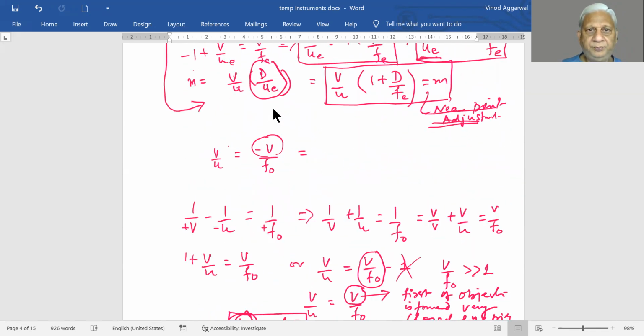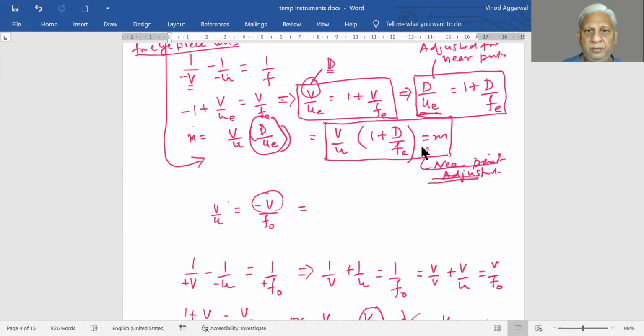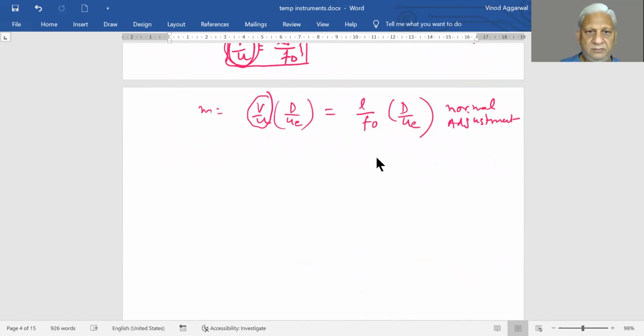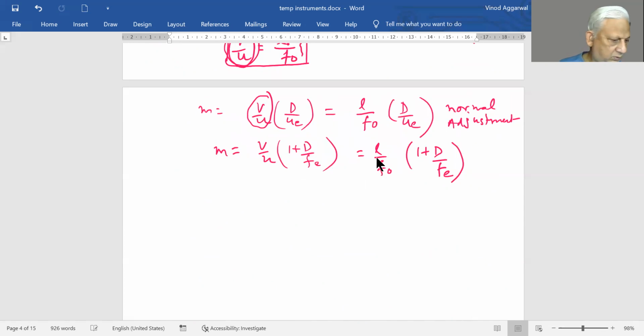Now another case was near point adjustment. For near point, instead of D by FE, we have 1 plus D by FE. This becomes our magnification for near point adjustment.